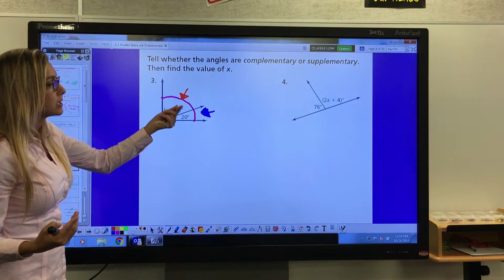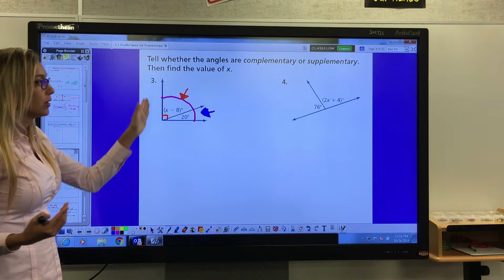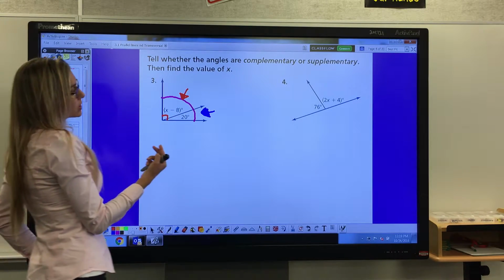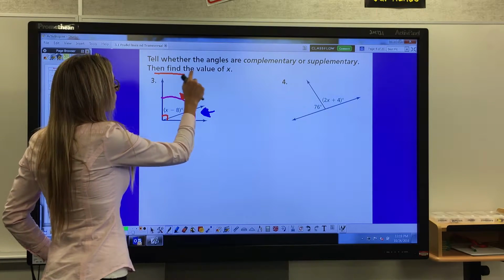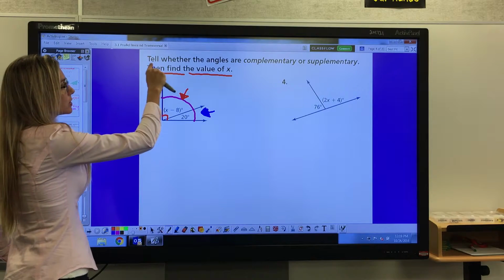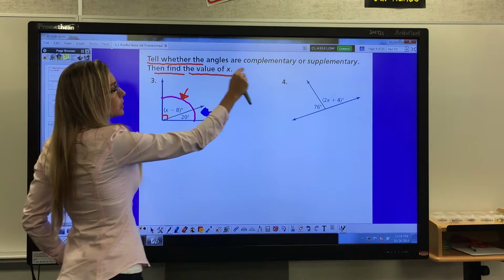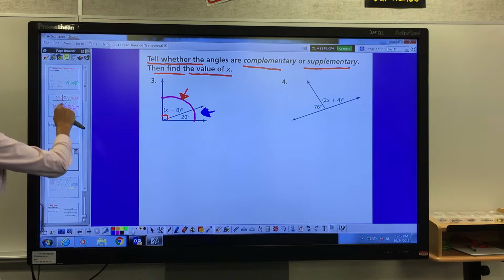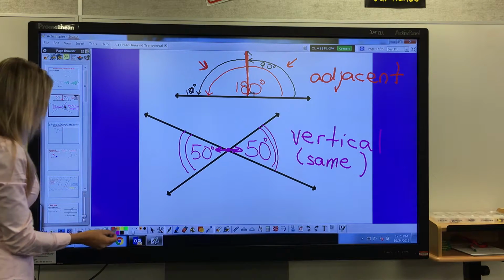They are adjacent, right? They are adjacent. Well, first of all, I would like to, let's say, find the value of x. However, wait a second. First they're telling me, tell me if they're complementary or supplementary. Let's go back over here real quick.